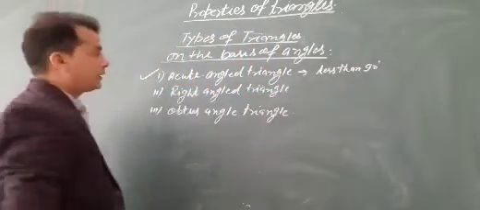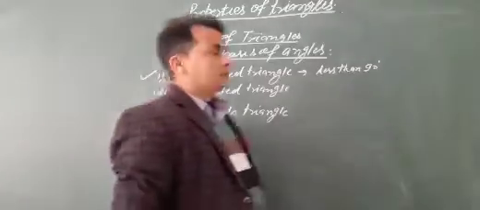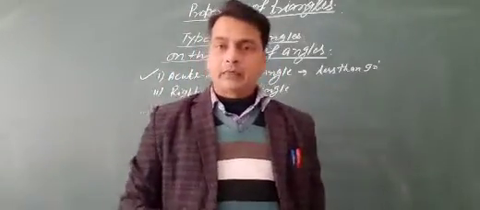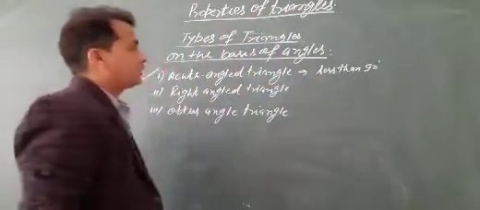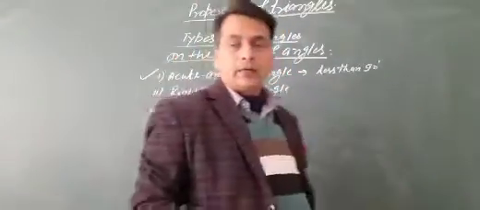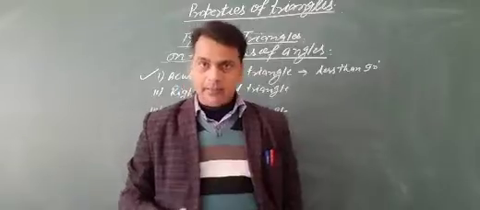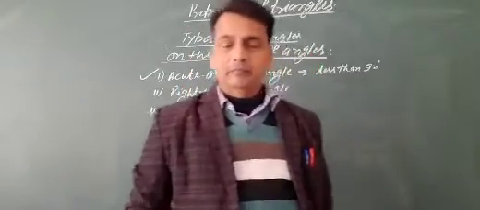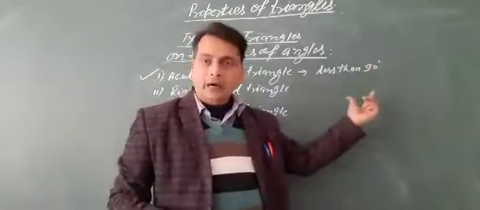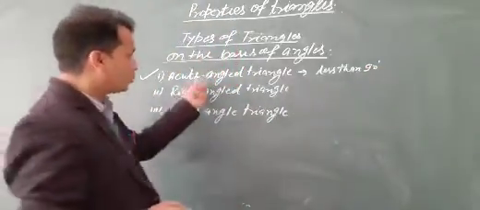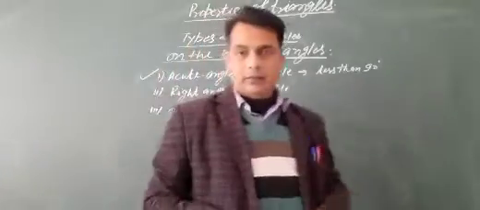So here the acute angle triangle is the first type of the triangle on the basis of angles. A triangle having each angle less than 90 degrees, or acute, is known as the acute angle triangle.